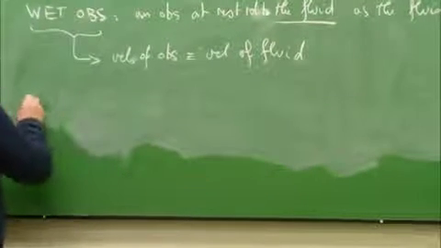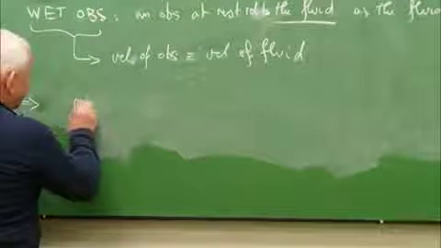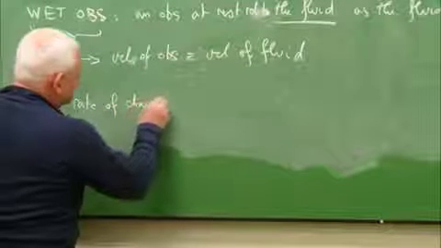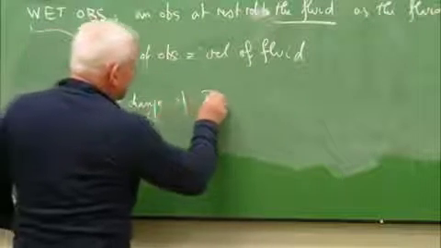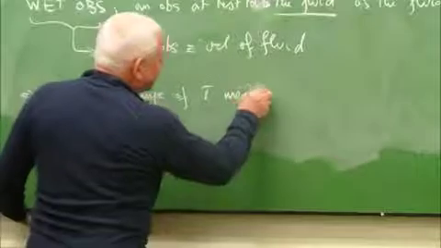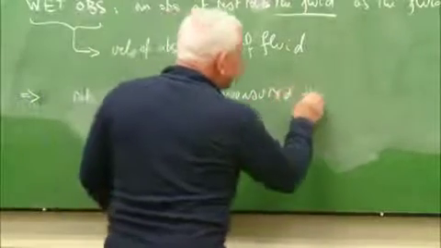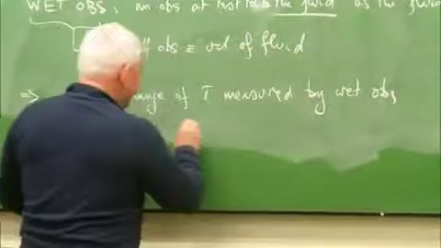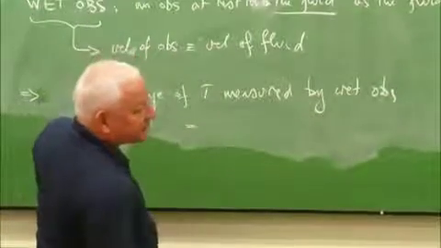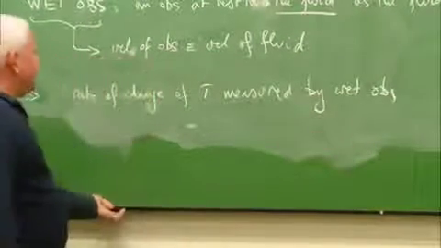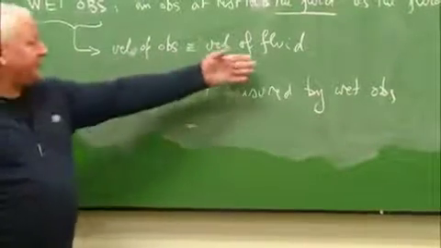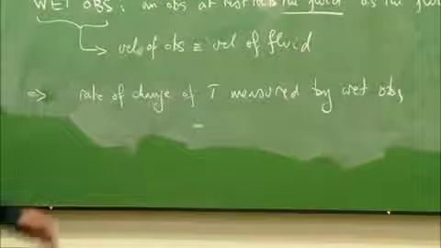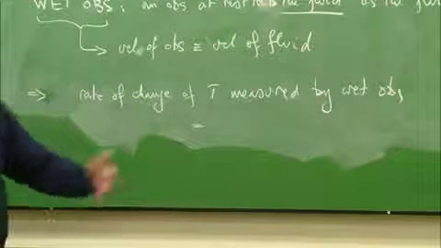And so the rate of change of T measured by the wet observer is equal to, well, there's the formula for any velocity. What I now need to do is substitute the velocity of the fluid for the velocity of the observer, because the observer is moving with the fluid.